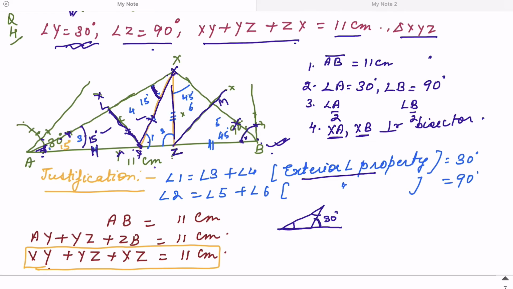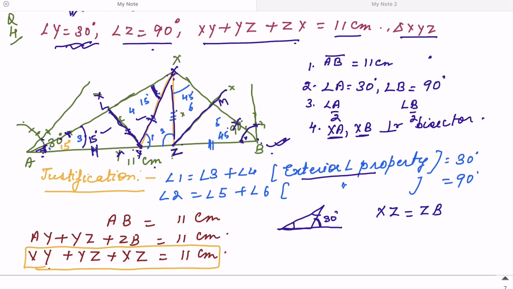Same way, we have constructed the perpendicular bisector here. That means XZ is equal to ZB using RHS property.